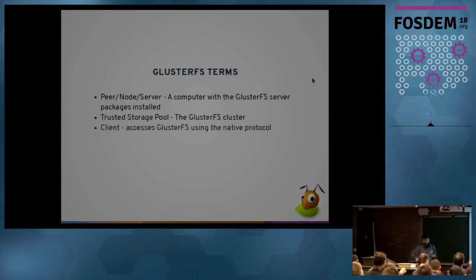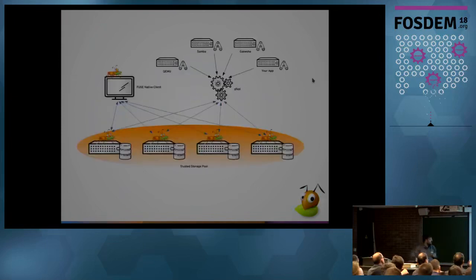And we have clients. These are the people who access the Gluster storage using the native protocol. This picture gives an overview of the trusted storage pool. We have servers with Gluster installed on them. They form a trusted storage pool, and we have clients outside the trusted storage pool who talk to Gluster servers.